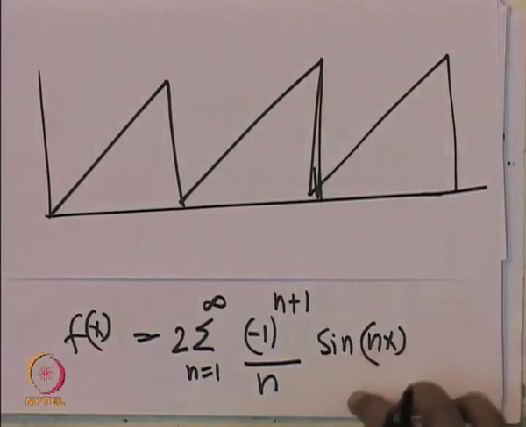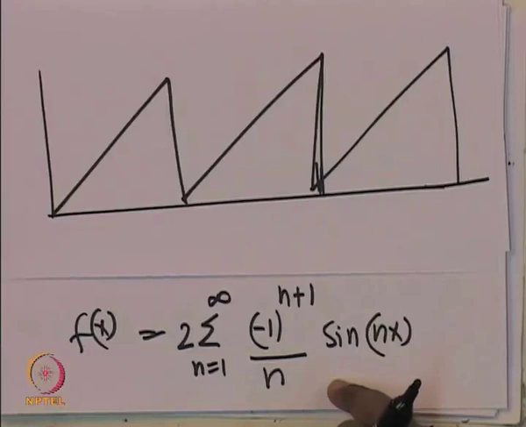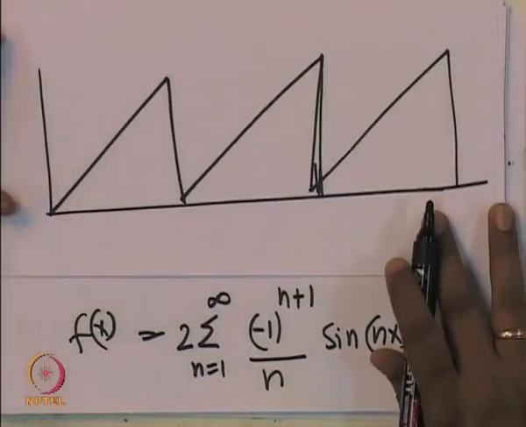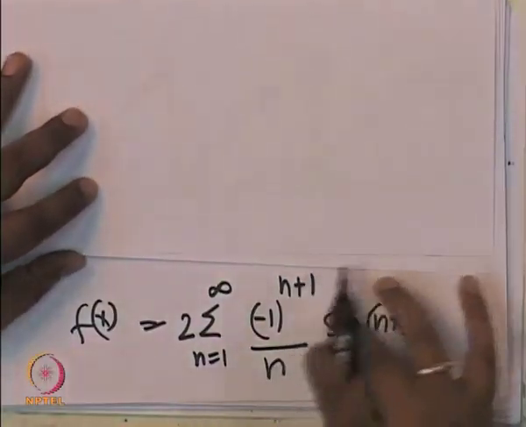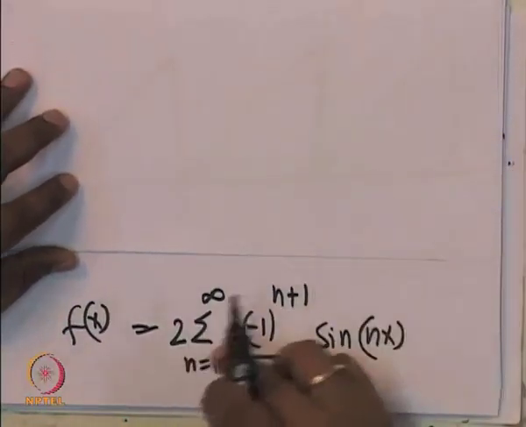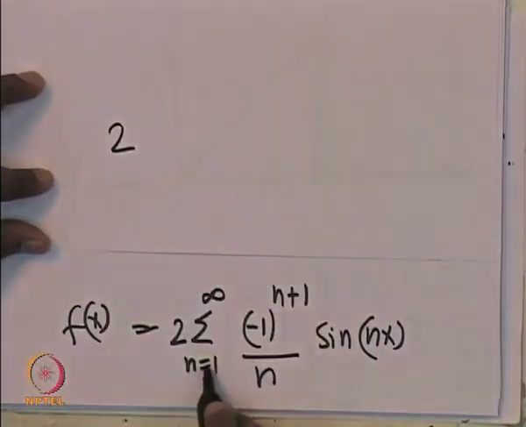So, now let us examine this. Let us plot this. Now, let us take only the first term. So, what is the first term? Just take only one term. So, the first term is 2 times n equal to 1.